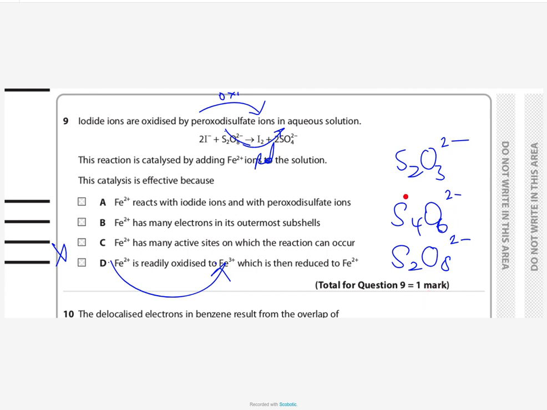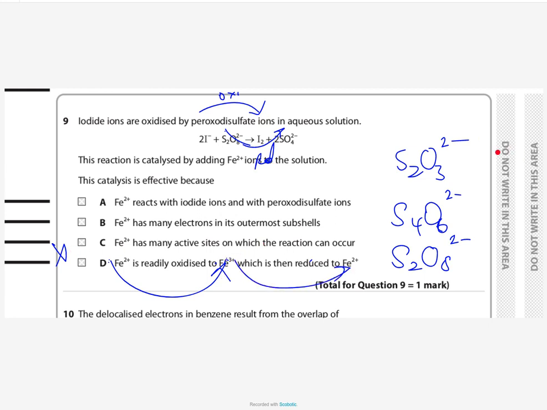If you analyze the oxidation states, the oxidation state of sulfur decreases, which is reduction, and I minus to I2 is oxidation. So Fe2+, as it oxidizes to Fe3+, reduces persulfate to sulfate, and then the Fe3+ will oxidize iodide to iodine, and itself get reduced to Fe2+.